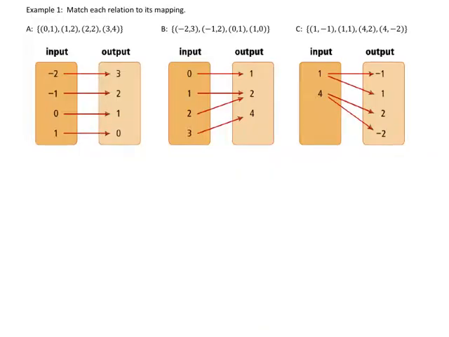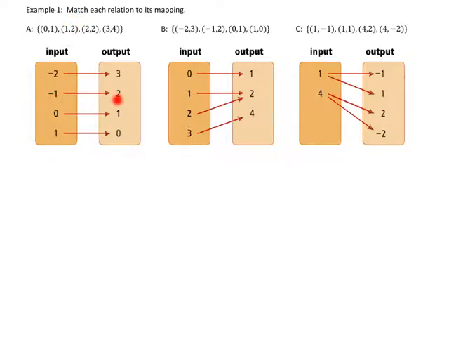Now you have some examples at the bottom there, and you are supposed to match each relation to its mapping. So we want to look for the point 0, 1. So 0 is the input, 1 is the output. So that occurs here, it occurs here, and it doesn't occur here, so that's out. Then I look for the point 1, 2.